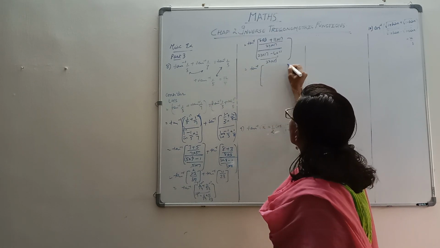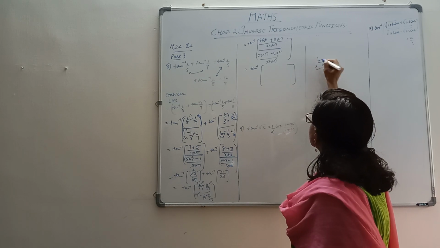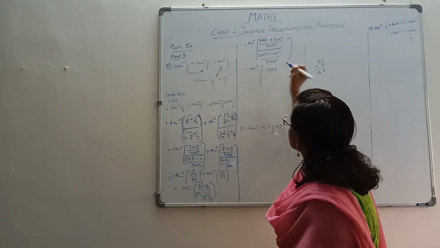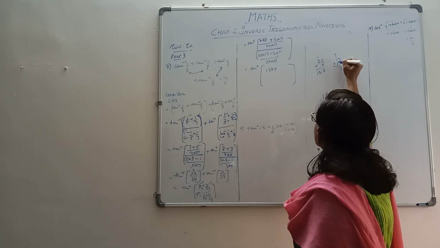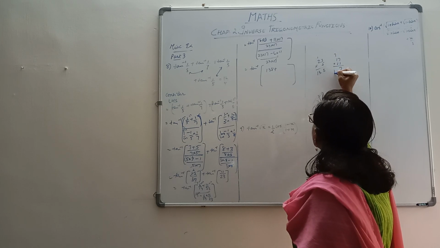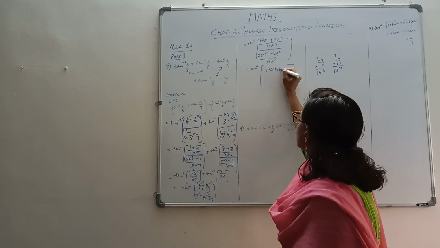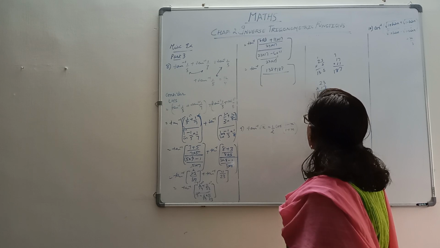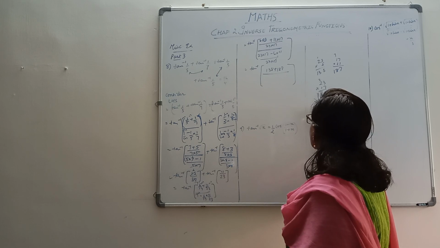Tan inverse of 23 into 6. 6 3s are 18, 6 2s are 12, 13, 138. Plus 11 into 17: 7 1s are 7, 11 plus 7 is 18, so 187. Denominator 23 into 17: 7 3s are 21, 14, 16, 23, 9, 391.